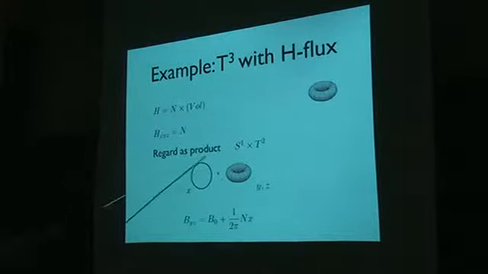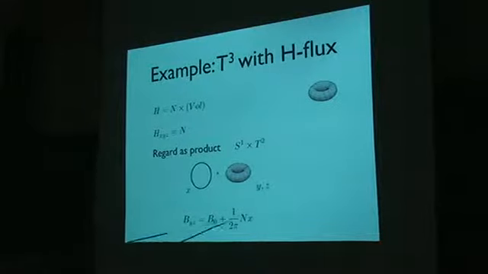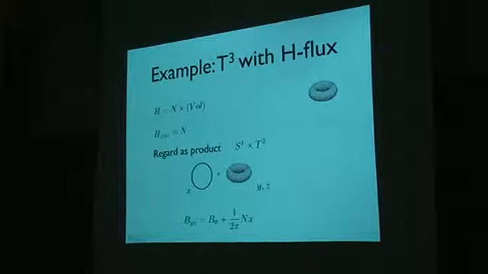So if we regard this as the product of a circle times a 2-torus with coordinates x, y, z, we can choose a gauge for the B field, which is a constant plus n times x. B_yz is constant plus n times x. So then the curl of that will be the derivative of that with respect to x, which would give rise to that n.